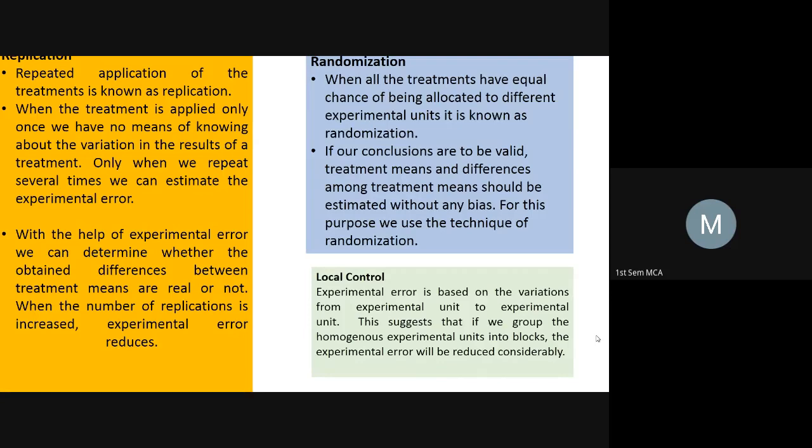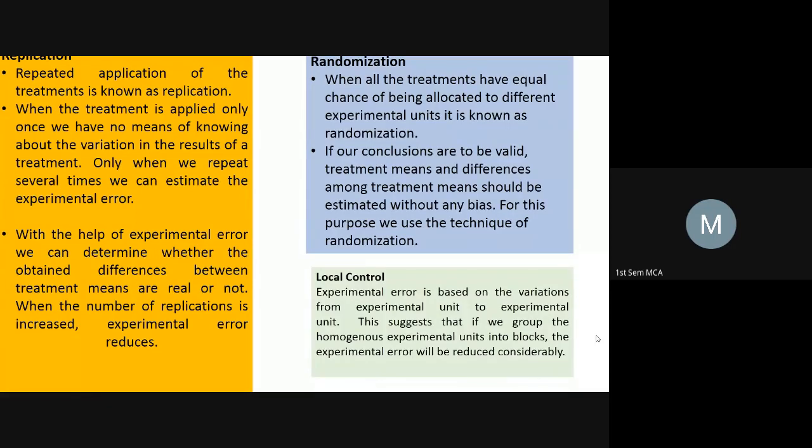I told you what an experimental error is. It is uncontrolled variation in the experiment. With the help of the experimental error, we can determine the differences between the real and not real. So if you do the replications many times, there are very few chances that error is exposed.